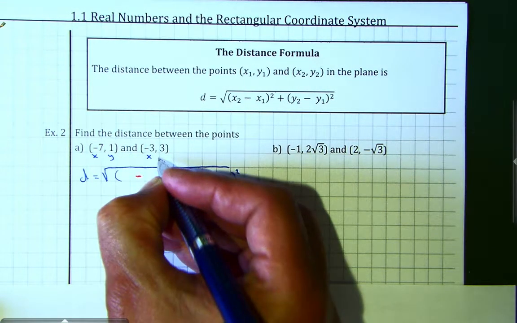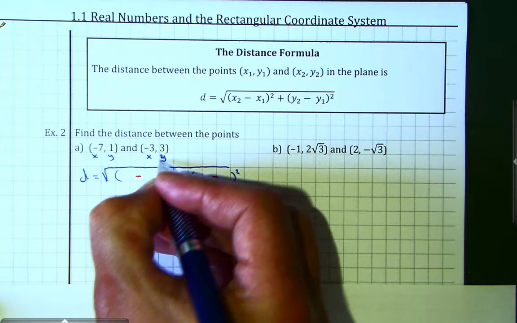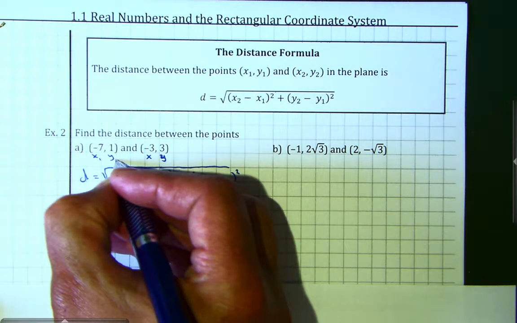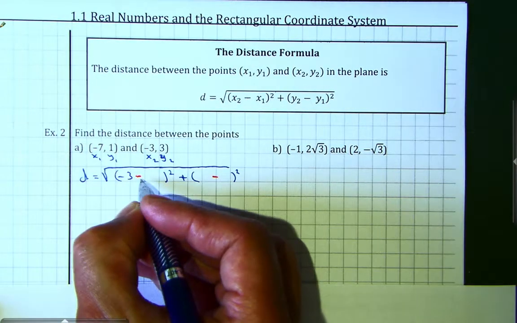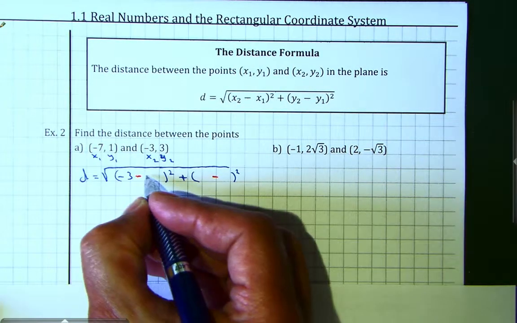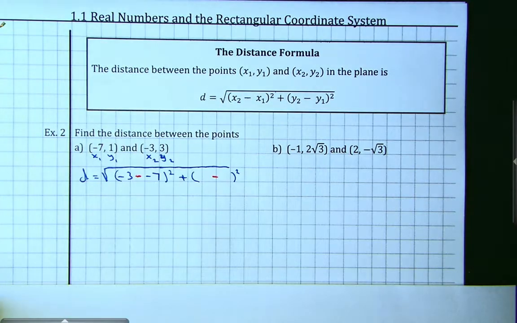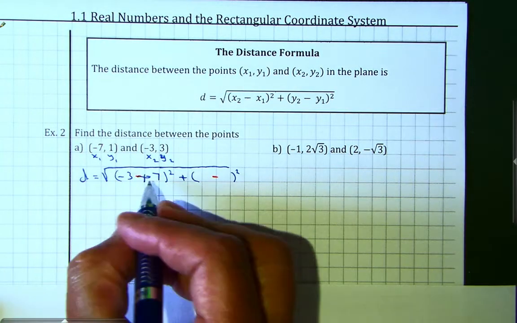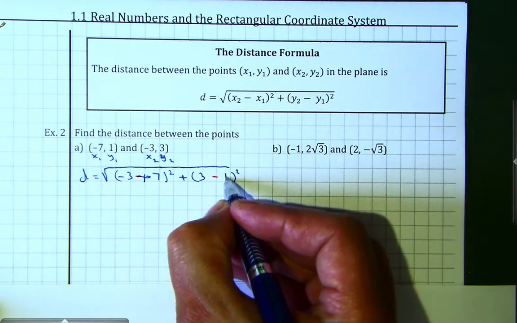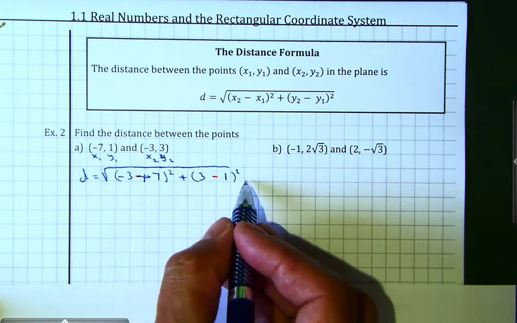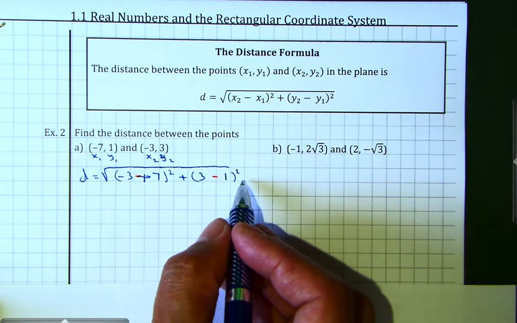This is your second point, x2, y2. So it'll be x2, which is negative 3, minus x1, so negative 7. Double negative becomes a positive. y2, which is 3, minus y1, which is 1. So I do need to be able to see the first step as you work through your homework.